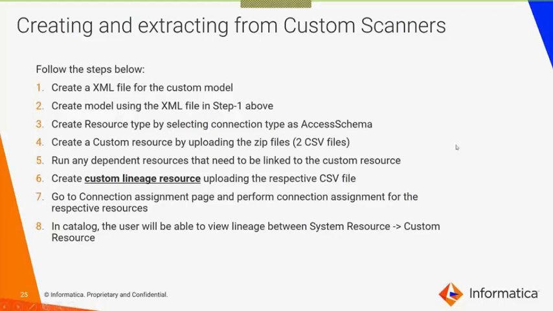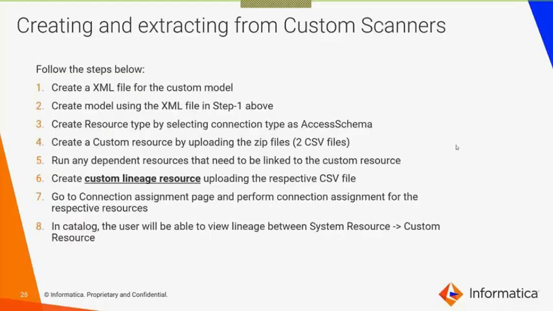After you create the resource, you link that custom resource to a native resource that's present as part of EIC. I don't want to confuse you further, so I'll jump on to the demo right away.